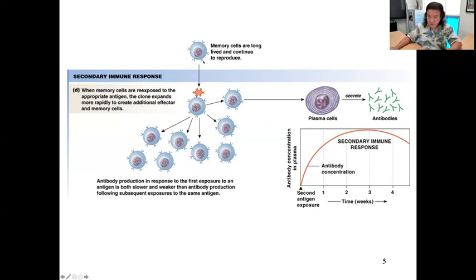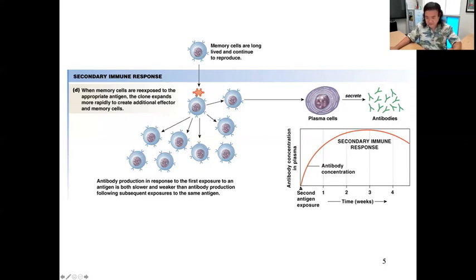Fortunately, because you have these memory cells, you don't have to start from square one again, looking for or selecting for suitable B cells, right? You already have these really good B cells that have stuck around that were selected for previously because they have good immunoglobulins on them. So that means during a secondary immune response, right, these B cells very rapidly multiply.